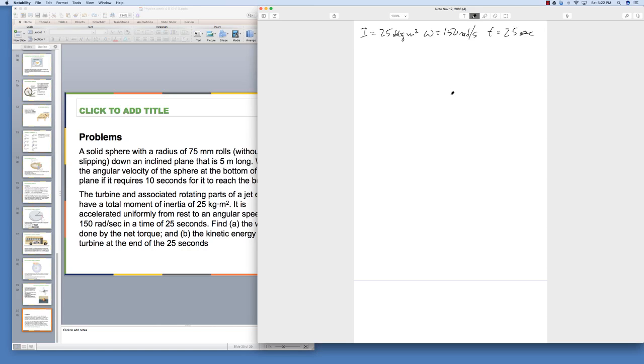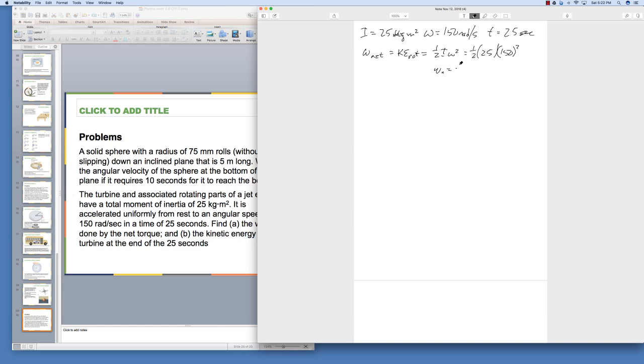So the first question that is asked is, what is the work done by the net torque? So work net is going to equal the rotational kinetic energy, which is going to equal 1/2 I omega squared, which is 1/2 times 25 times 150 squared.